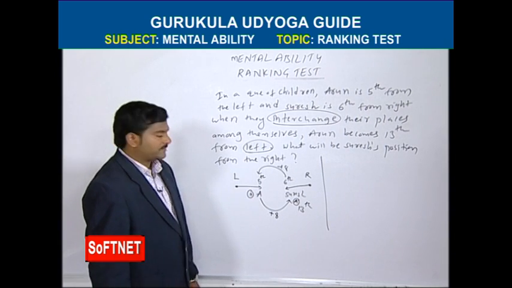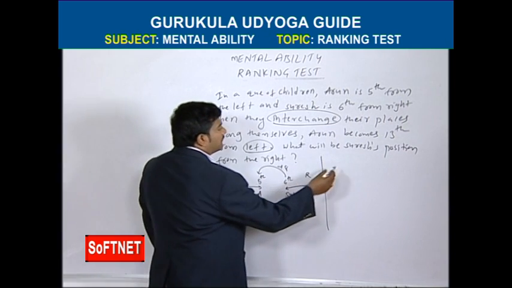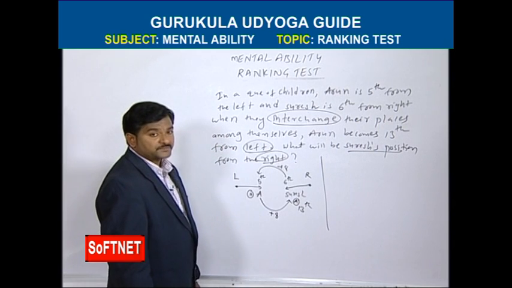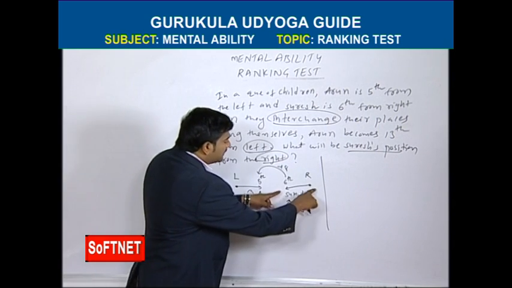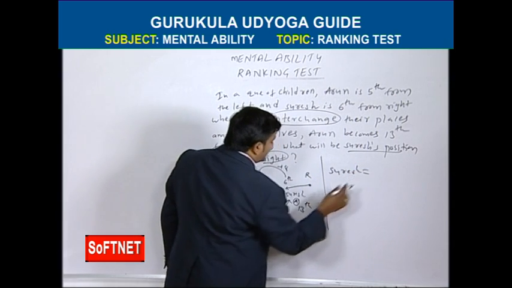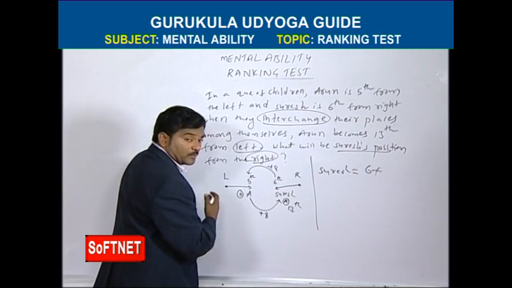So now what does it mean? What did he ask to find? What will be Suresh's position from the right? Earlier, what is Suresh's position? 6th position. Now, how many steps did he move? 8 steps.